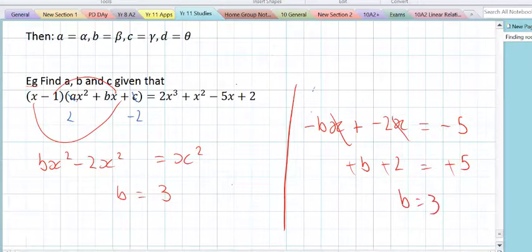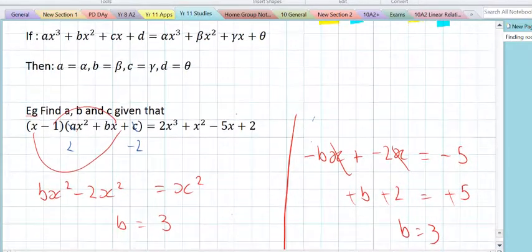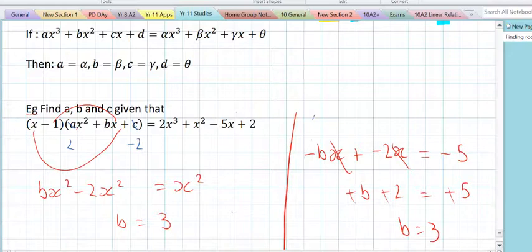That's better. Alright. So my apologies with this one, but the important thing to remember is to equate coefficients, try and pick off the A and the C first, and then choose either the x squared or the x term to find the B.